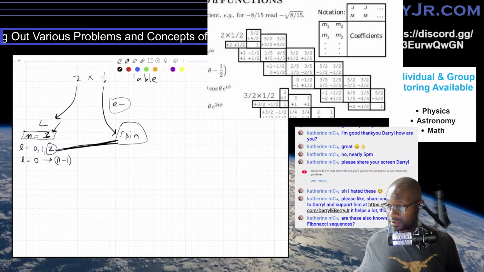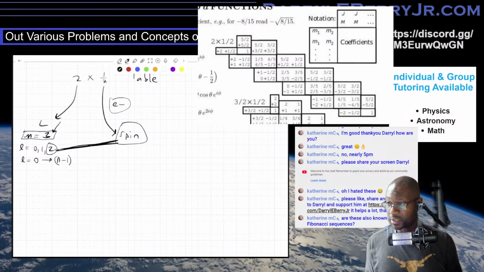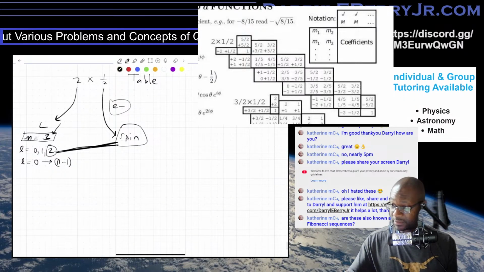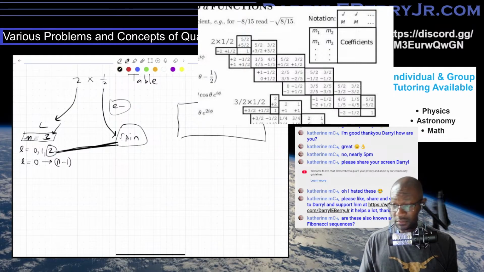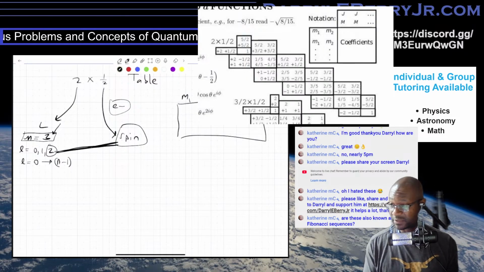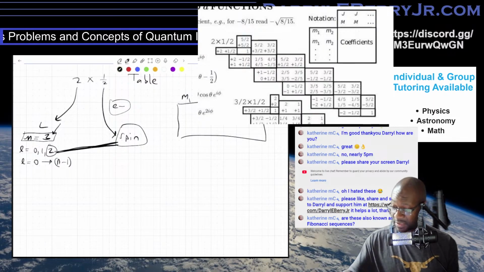So that's the general of what it is. And if you look at the top there, it actually gives you the key where we have our table. This is going to be the J, this is going to be the M, and this is going to be M1, and it's going to be M2. And the professor was saying that it doesn't really matter what this stuff is.